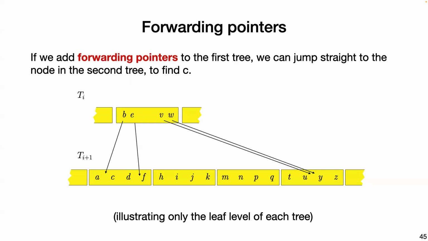So I don't understand how searching each tree is O of 1. Because then we still have to navigate through each B tree to get to a point where we move to the next tree, or am I misunderstanding? If you build these pointers between each of the B trees, you only have to search the first one. And if the pointers are between the leaf levels of each B tree, then you can just jump between the leaf levels and you don't have to traverse the top structure.